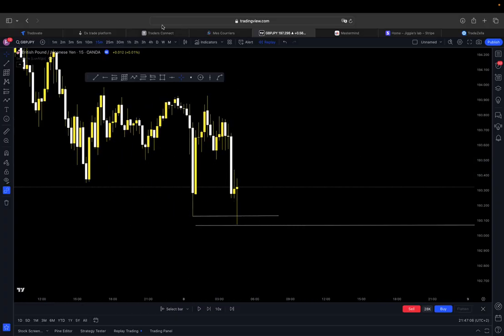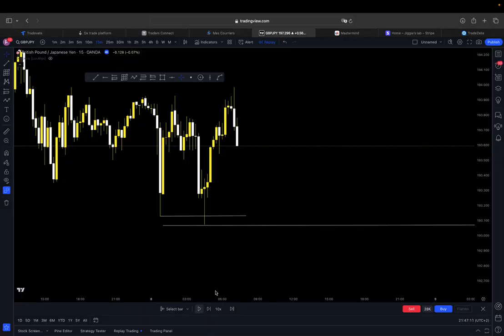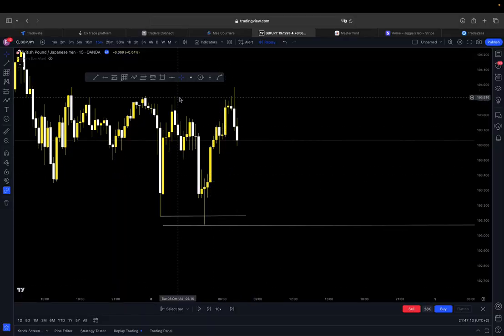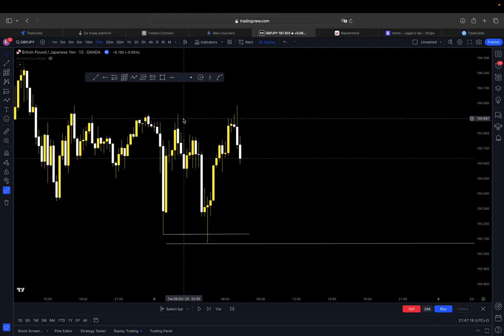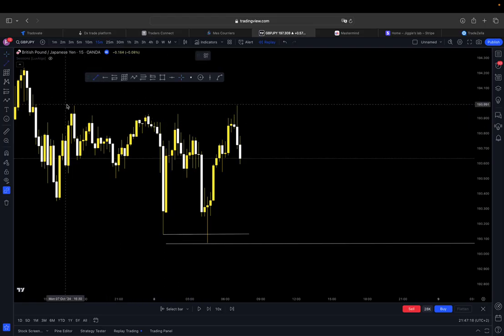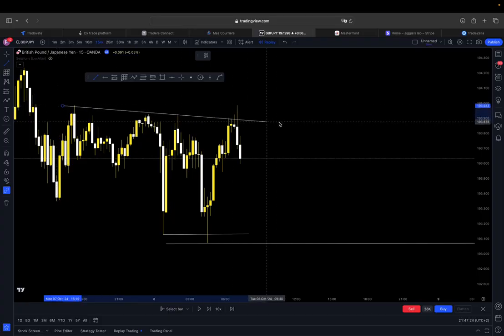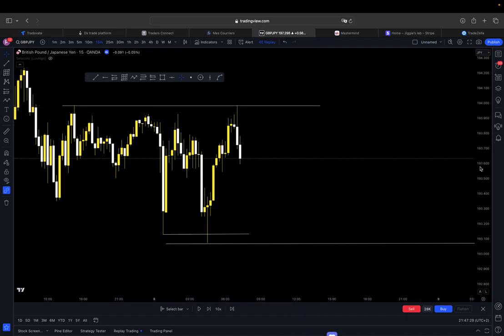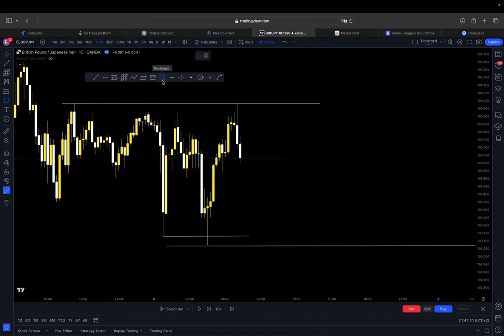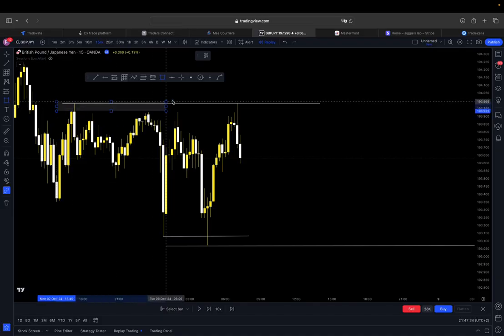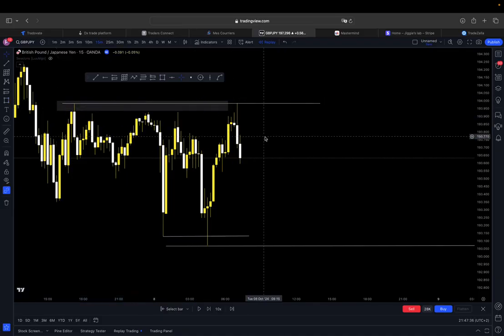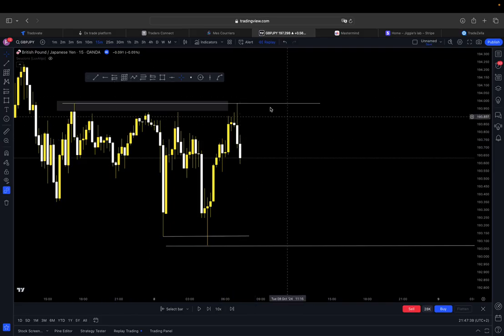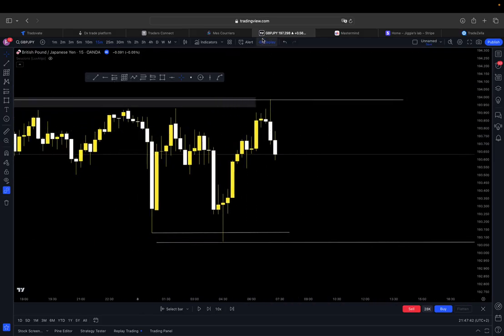And what do we get? We get this short. It sweeps this. Listen to me carefully, what do you see? It sweeps this too. You see it sweeps all liquidity here and gives us a break of structure.